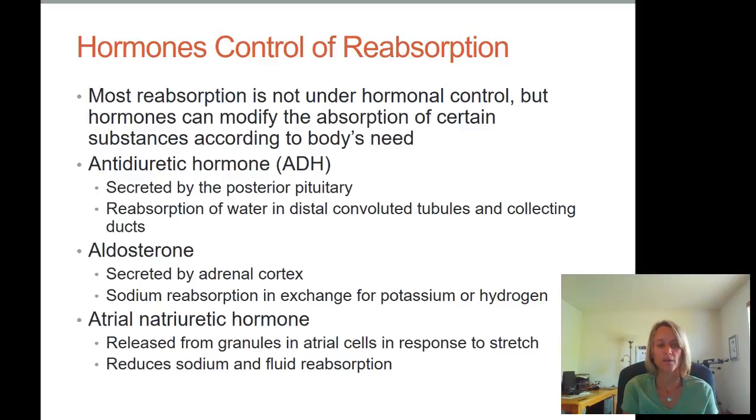Atrial natriuretic peptide is released from granules in atrial cells in response to stretch, which would occur with an increase in fluid volume. Atrial natriuretic hormone kind of does the opposite of aldosterone in that it's going to eliminate sodium, and along with that water should follow.